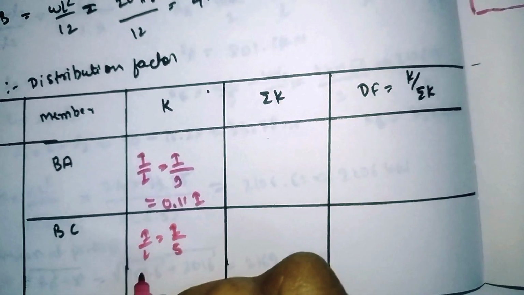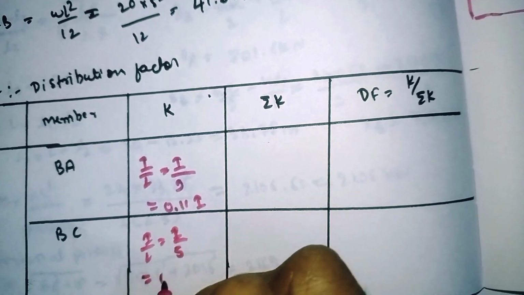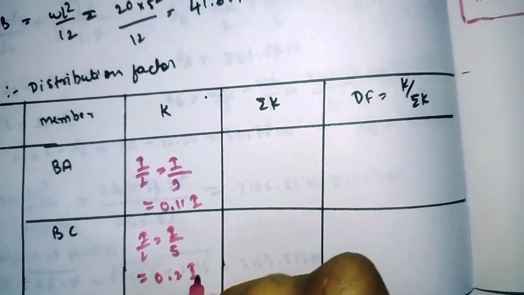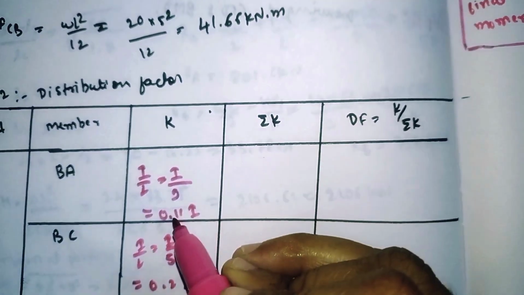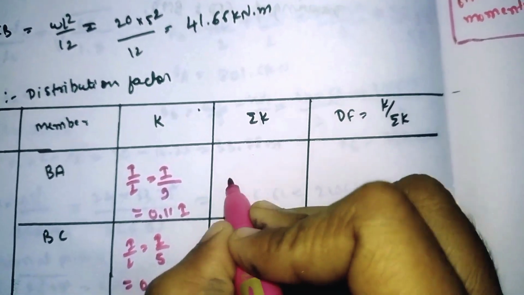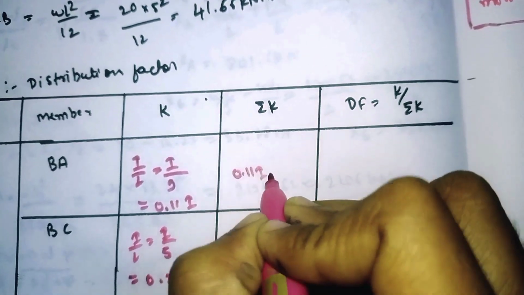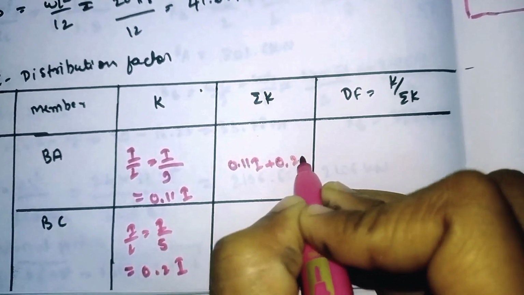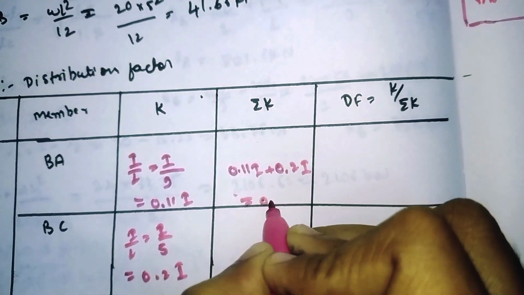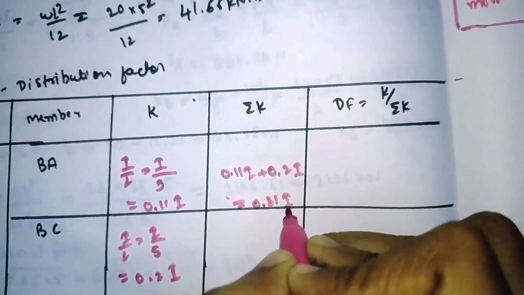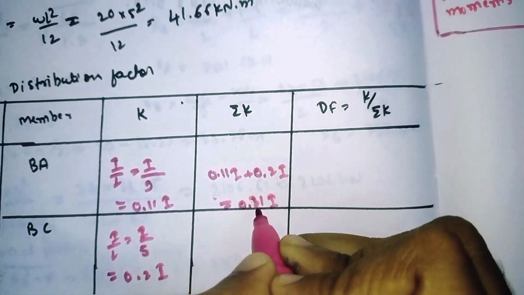I divided by 5 will come out as 0.2 I. Now we have to do the summation of K. It means we need to add 0.11 I plus 0.2 I, and it will come out as 0.31 I, which is our summation of K.